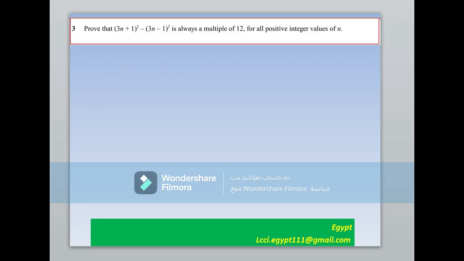Prove that (3n plus 1) squared minus (3n minus 1) squared is always a multiple of 12 for all positive integer values of n. Let's begin to work out this expression and we decompose the square. It's called a complete square.